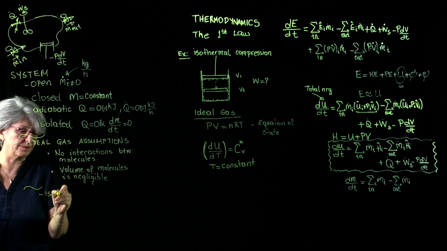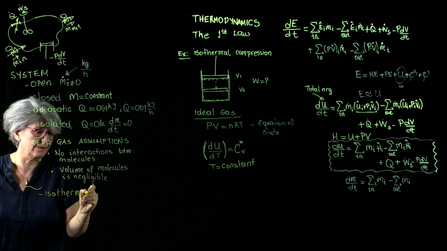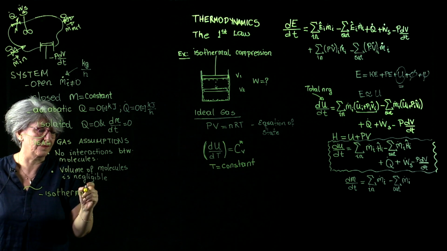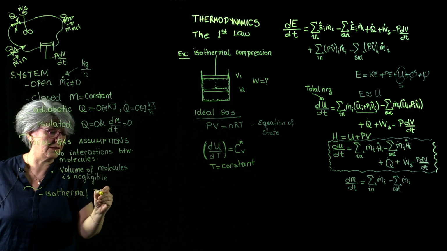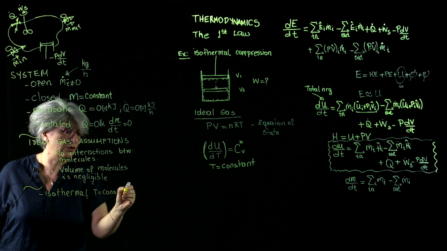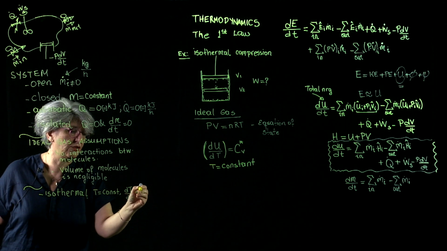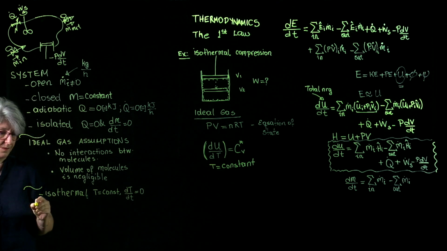Isothermal. T is constant. In other words, dT over dt is equal to 0. It doesn't change with respect to time.